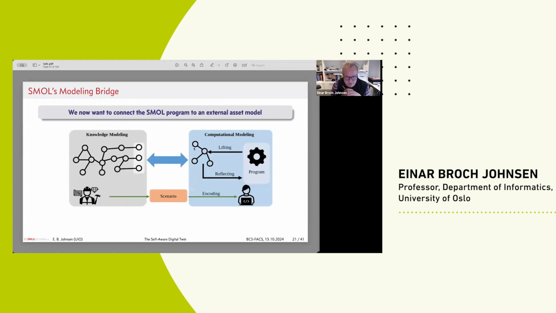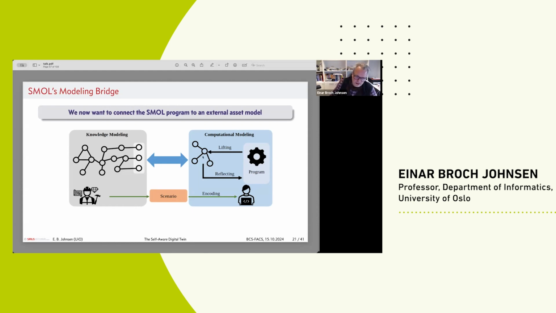So the way we want to do it now is that here we have our small program, the twin configuration, and we have the lifting and the reflection going on here. The runtime state is lifted into a graph, and we can query this graph, so we are reflecting back into the system.